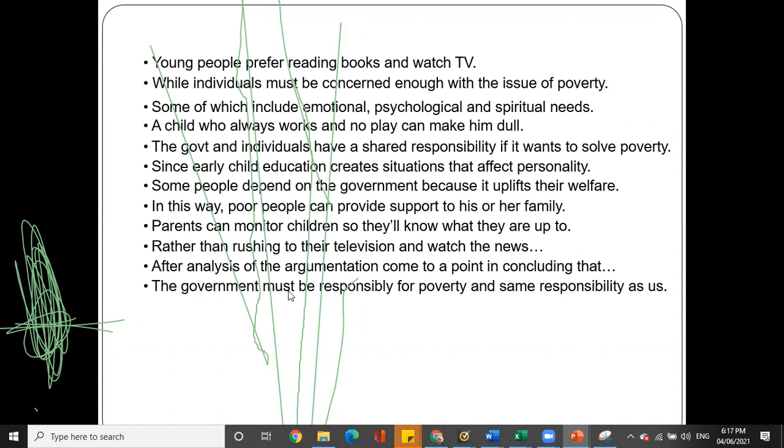The government must be responsible for poverty and the government must same responsibility as us.